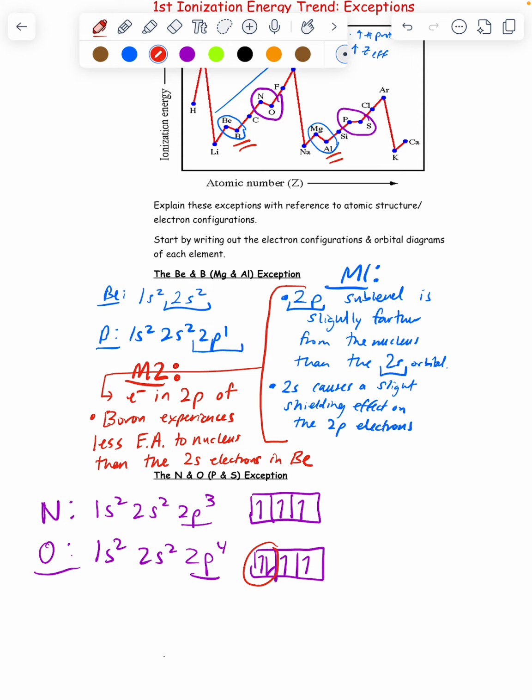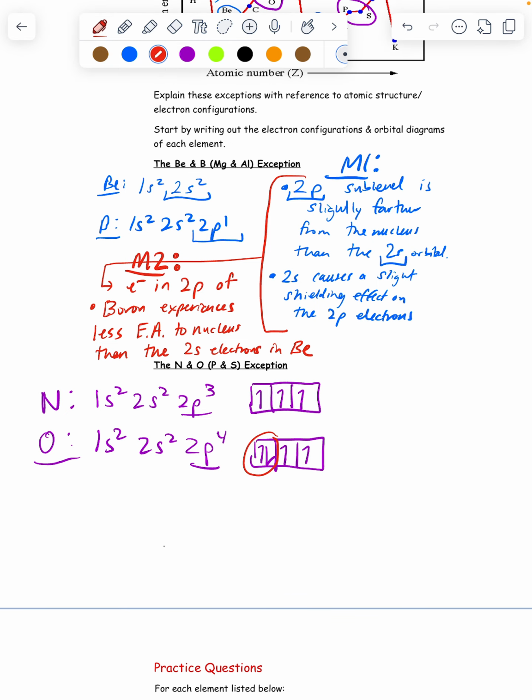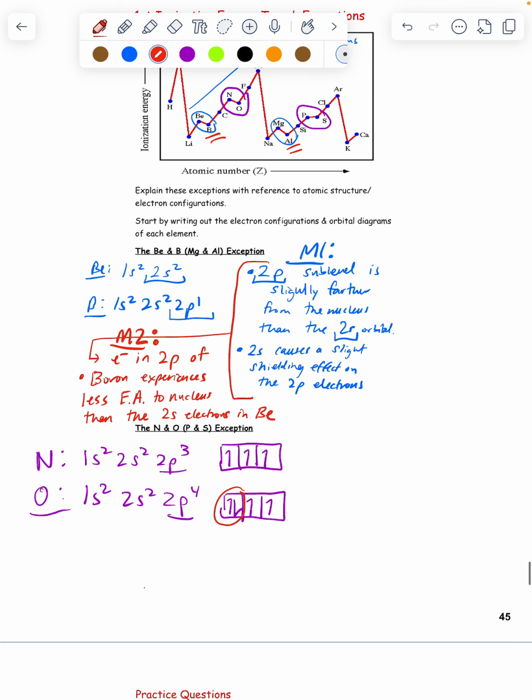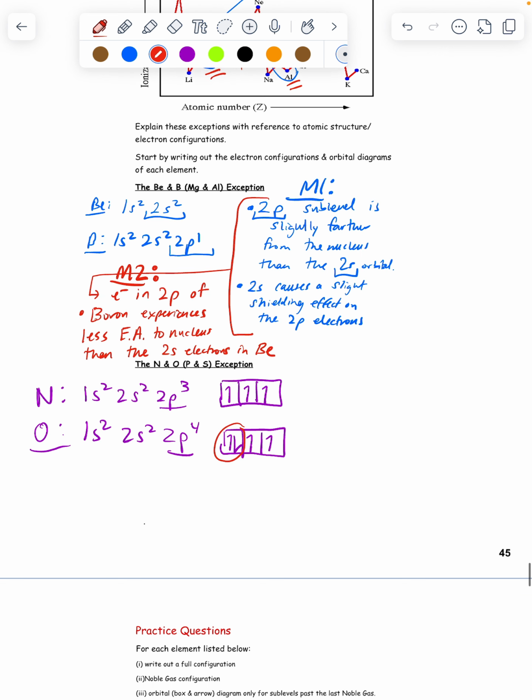And that's what we're going to focus in on to make our case for why it's easier to remove an electron from oxygen than it is from nitrogen. So I can see the value for oxygen is lower. So I would say that in oxygen, it has paired 2p electrons, whereas in nitrogen, they're all unpaired 2p electrons.